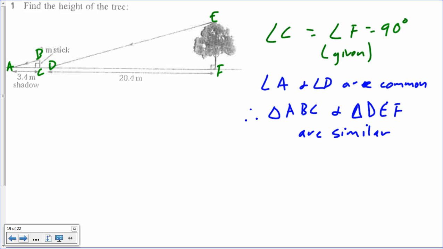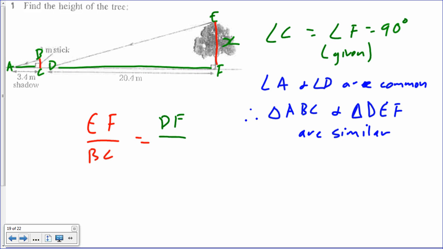So that's similar, and so what we want to do here is go that bit and that bit, that bit and that bit. So that's going to be X our unknown. So we're going to have EF over BC equals DF over AC.